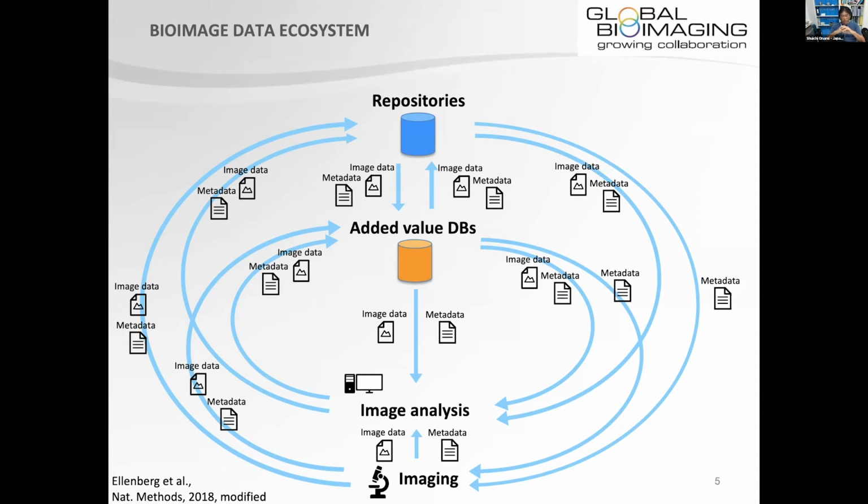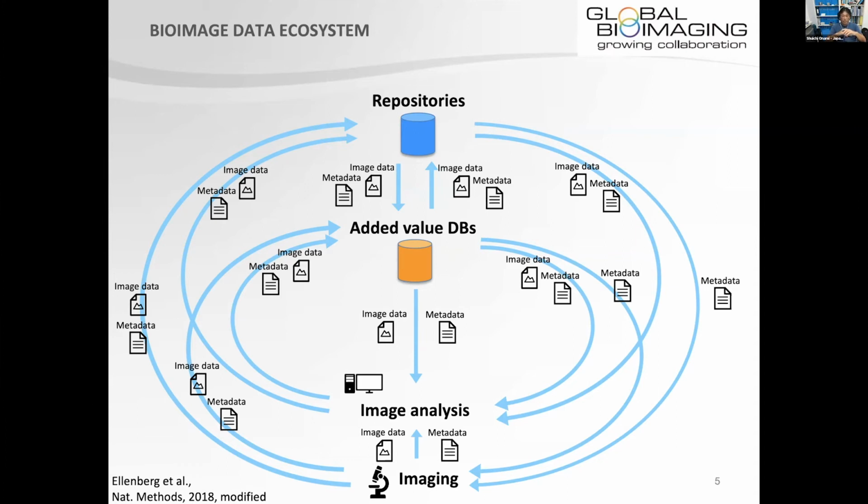This is, I think, our current image data system. We take an image, and after taking an image, we do some image analysis. Then we successfully publish a journal paper somewhere. And in many cases, we are requested to deposit the image data to image resources.